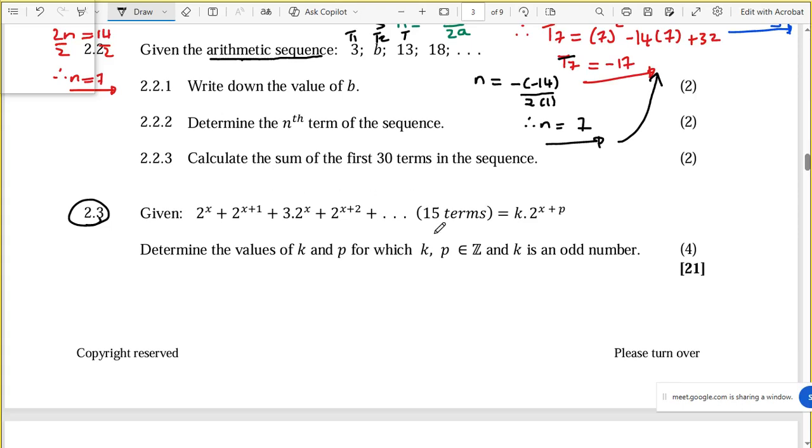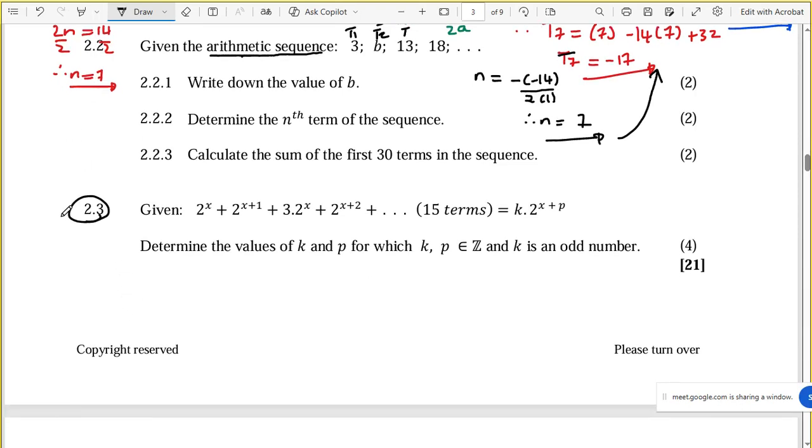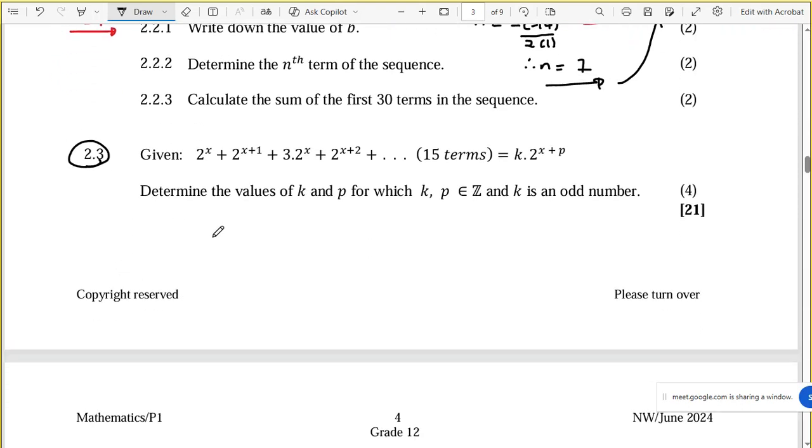So now, when I look at this sequence, what can you say about the sequence? There is a common term of 2^x. You can't say constant difference, but a common term. The sequence has a common term of 2^x. Thank you very much, let's fix that part.